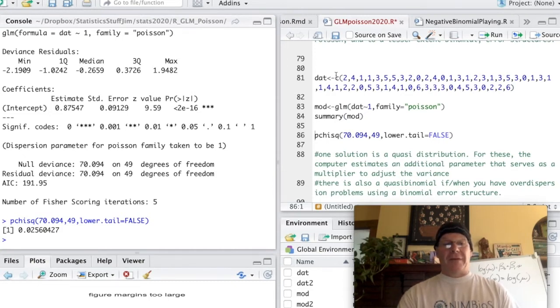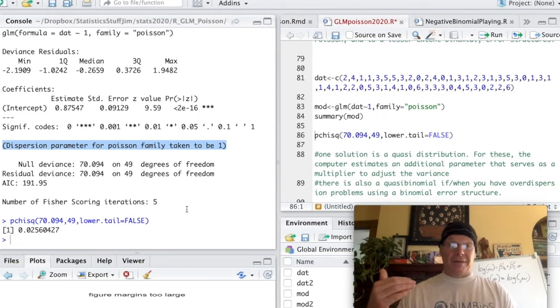You can see that as the default, when we use family Poisson, the dispersion parameter is taken to be 1. That means we know what the variance should be for that Poisson distribution, and we should be able to model our data effectively.